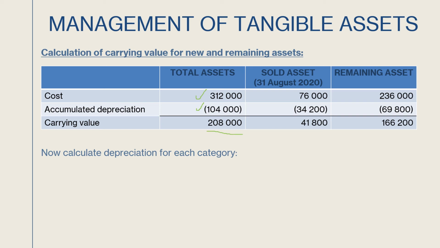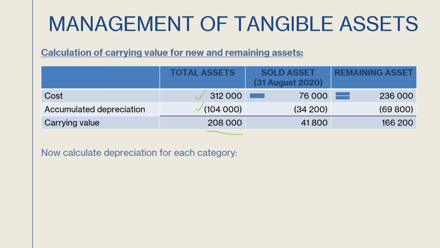But on the 31st of August 2020, we sold an asset. They tell us that the cost price of this asset is 76,000 Rand. So we take the cost price at the beginning of the year minus the cost price of the asset that we have sold, and that means what we have left over is 236,000.